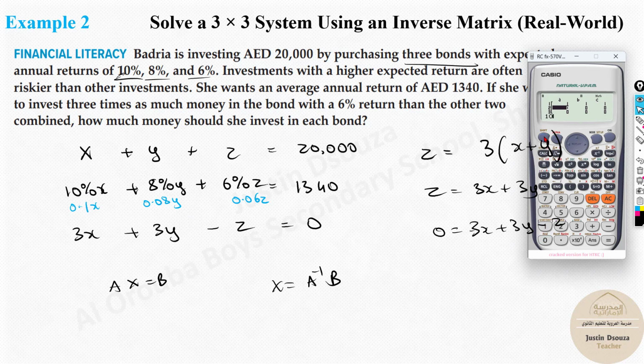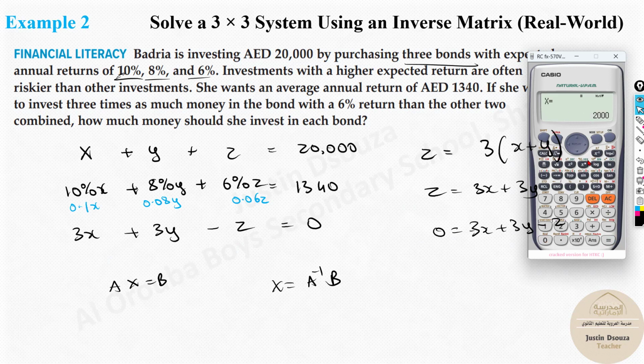You can write either 10% directly, that'll be 0.1, or you can write 0.08, whichever suits you, and 6% is the last one. It'll automatically be computed, equals 1340. And the last one is 3, 3 and minus 1, equal to 0.